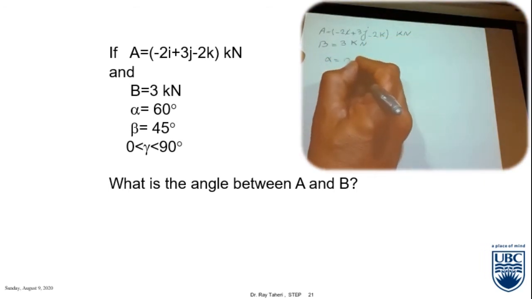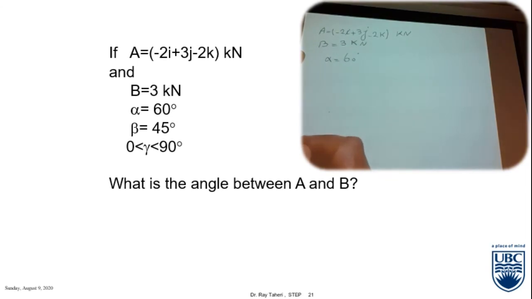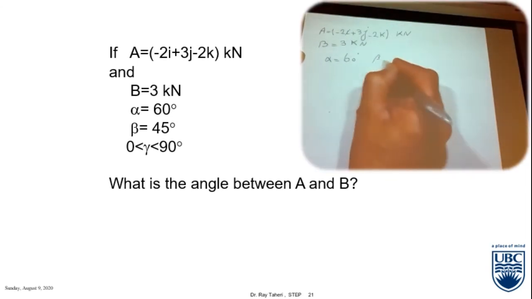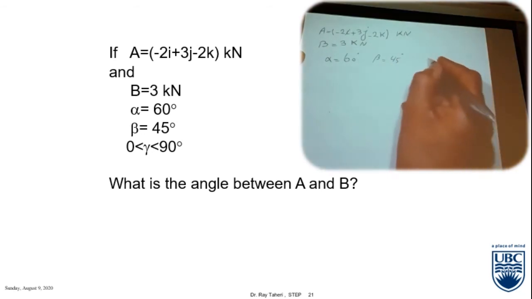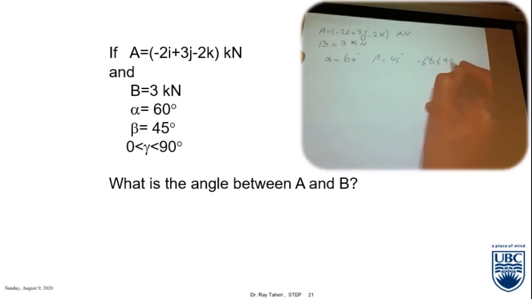Alpha, the angle it makes with x, is 60. Beta, the angle it makes with y, is 45. Gamma is not given, but the range is given between 0 to 90 degrees. So what is the first thing we do?